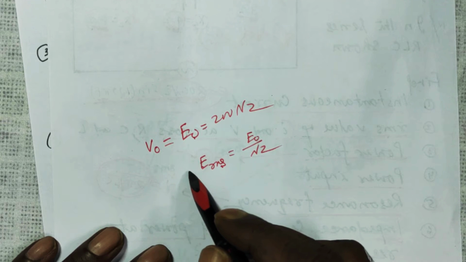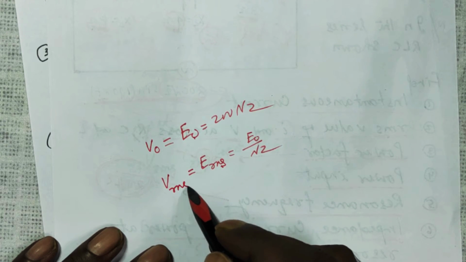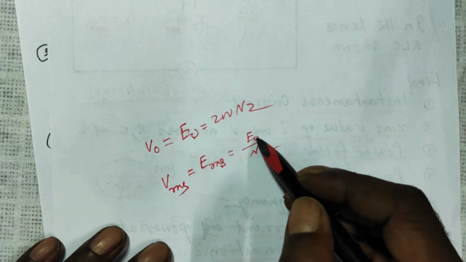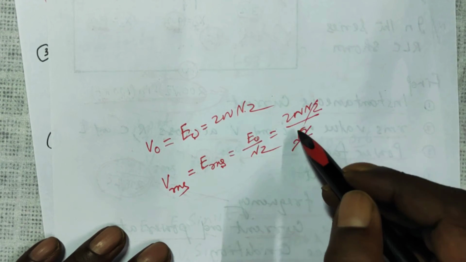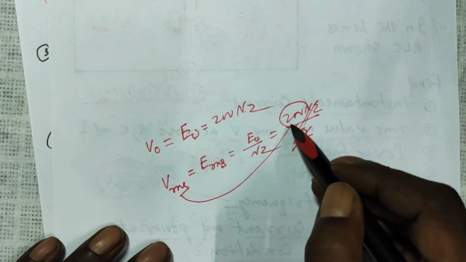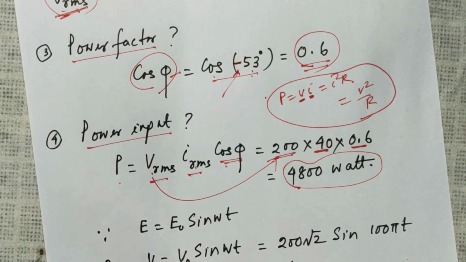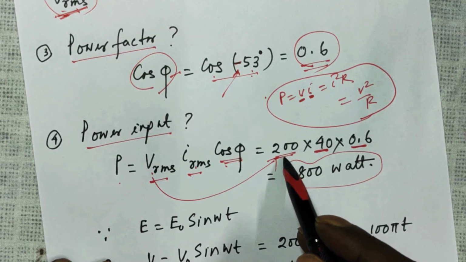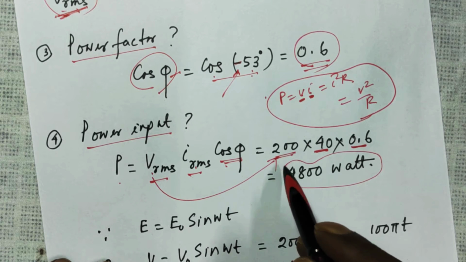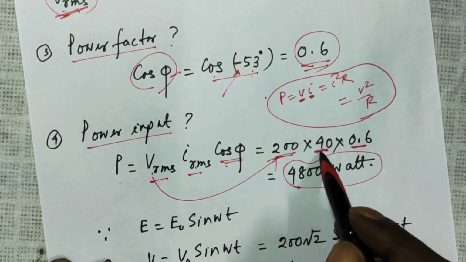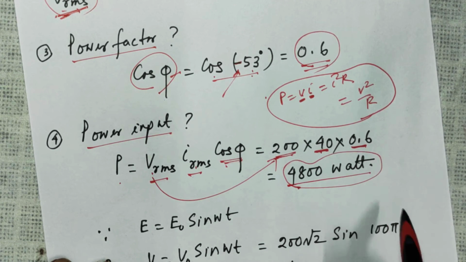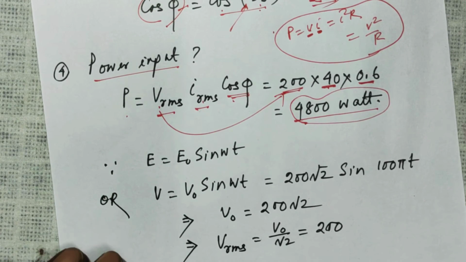You can write E RMS or V RMS, one and the same thing, right? So E naught is given 200 root 2 divided by root 2. Root 2 cancels. So V RMS is 200. That is why I have put 200, not 200 root 2. 200 root 2 is the maximum value of the voltage as given in the question. So 200 into 40 into 0.6 comes out to be 4800 watt.